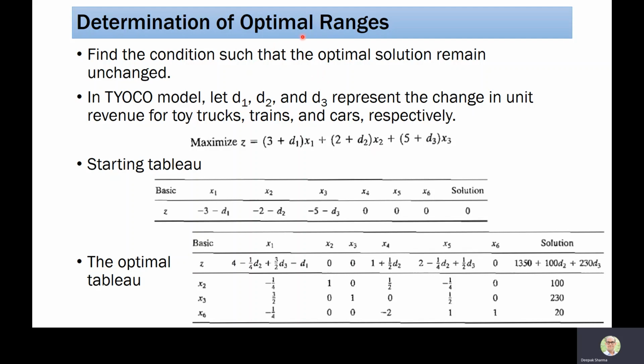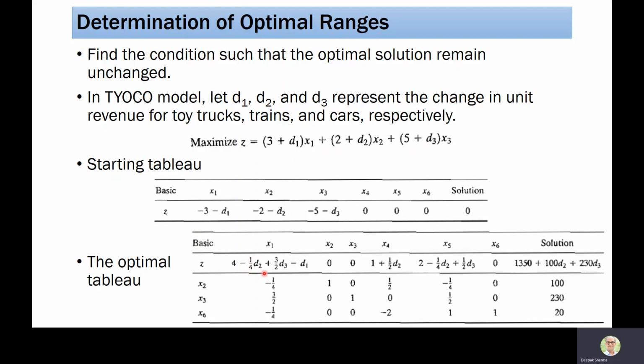When we are changing the coefficient of the objective function, we want our optimal solution to not change. How can it happen? It can only happen when there is no entering variable even after changing the coefficient of the objective function. I'm repeating again: the optimal solution will remain the same for the change in the objective function coefficient when there is no entering non-basic variable.